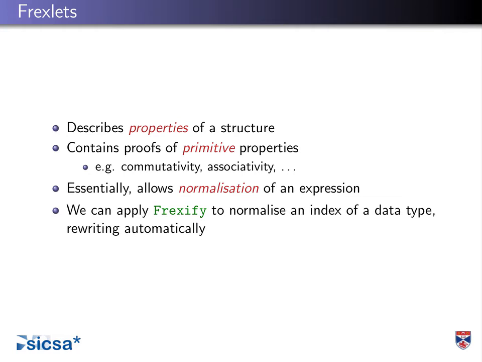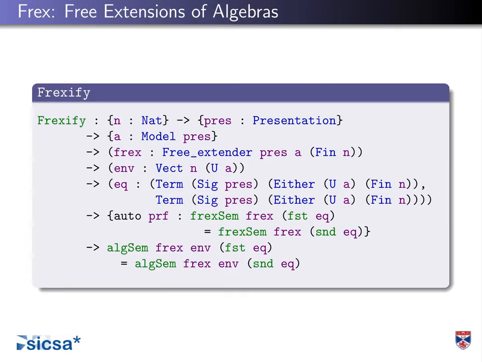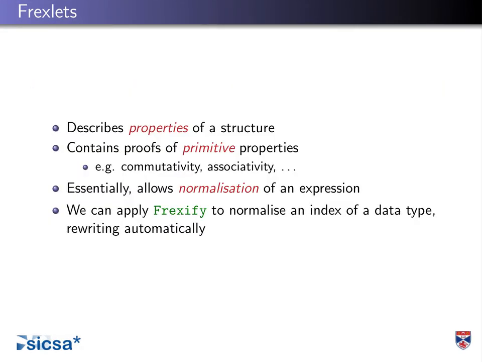We still have to do a little bit of work to explain which indexes we want to rewrite, but Frexify will apply those rewritings automatically. So this isn't completely free. In the implementation of a Frexlet, this is where we have to prove the various properties that we're interested in for our structure. And Frexify is applying those rules, doing the rewritings as it goes. So the rewrite tactic that you typically see in equational reasoning is something that is built up: applications of that rewriting are built up by running Frexify.